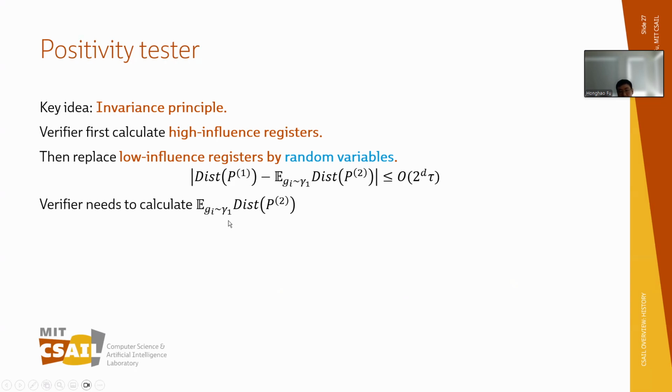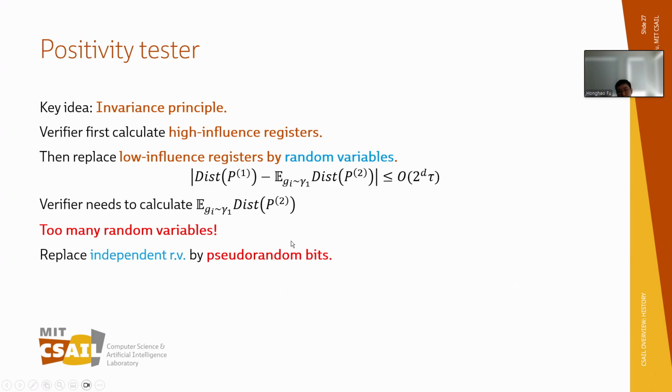However, there are D, or exponentially many, random variables, so he cannot evaluate this directly. So instead of using true random variables, they use pseudo-random bits. And then to evaluate this expected value, it suffices to evaluate all the seeds of the pseudo-random bits. And that is something they can do in exponential time. And this concludes the positivity tester and the NX algorithm for noisy MIP star. So any questions about this part?